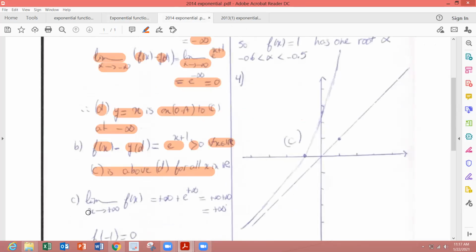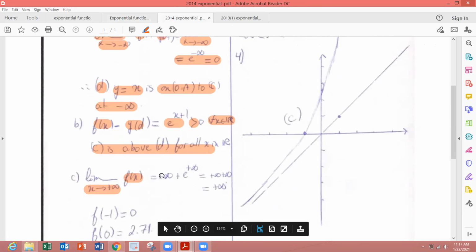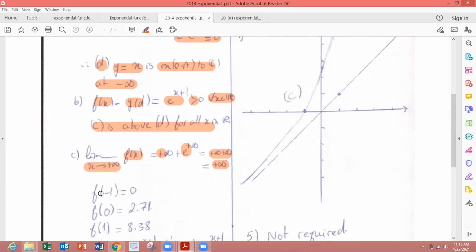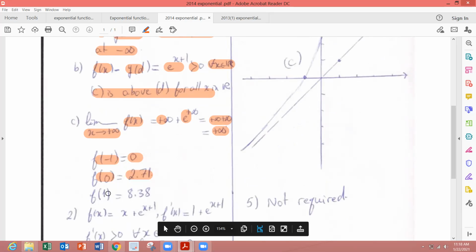Limit as x tends to plus infinity of f(x), each x replaced by plus infinity: plus infinity plus e to the power plus infinity equals plus infinity. f(-1) equals 0. f(0) equals 2.7 and f(1) equals 8.38.